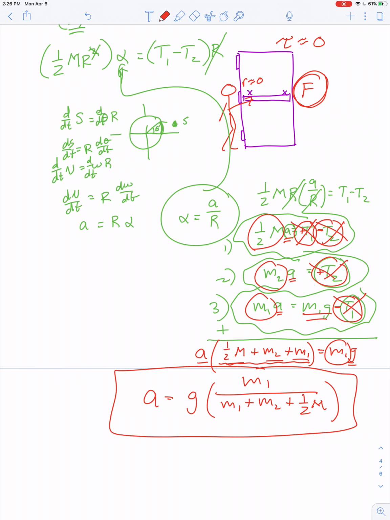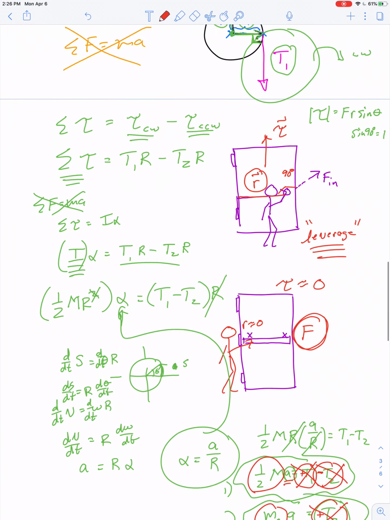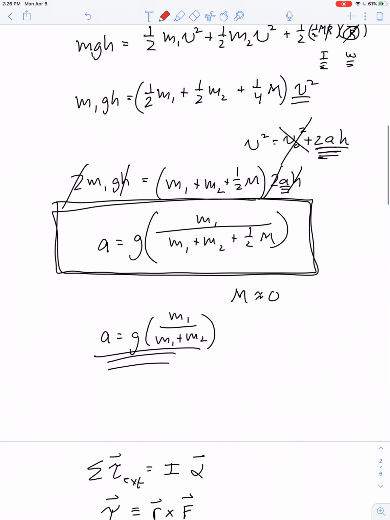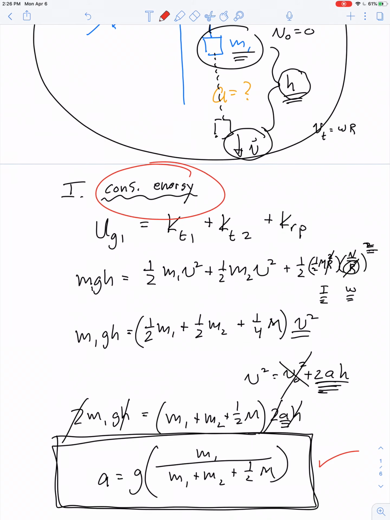Let's see. Scroll back up. Sure. That's the exact same result we got when we applied the law of conservation of energy to solve this problem.